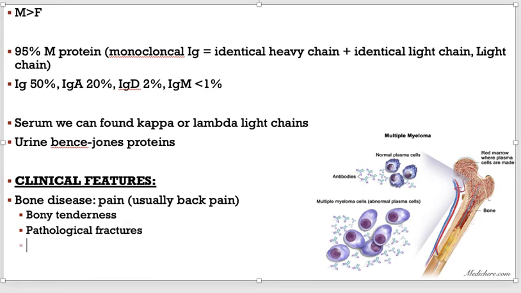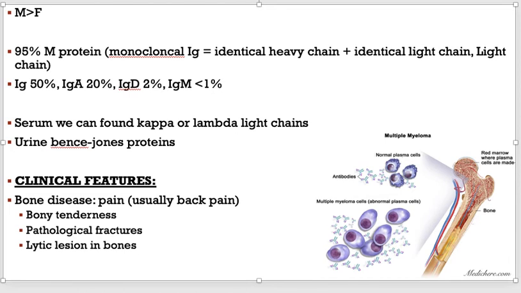So what happens? Multiple myeloma basically gives lytic lesions in bones, which are of course visible on X-rays and MRIs.